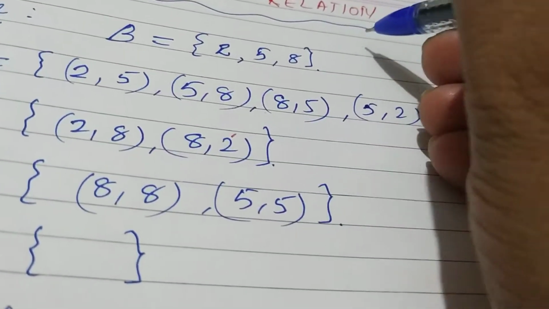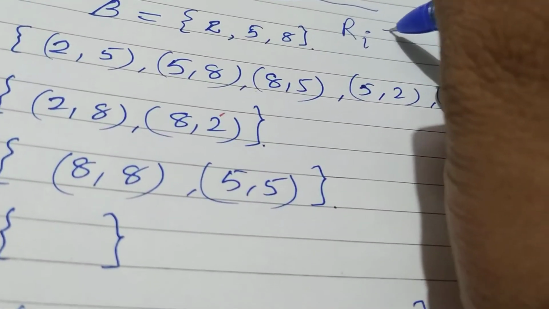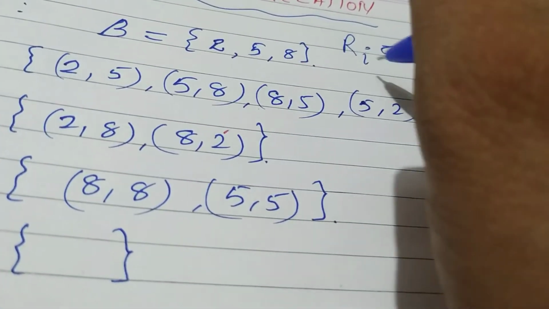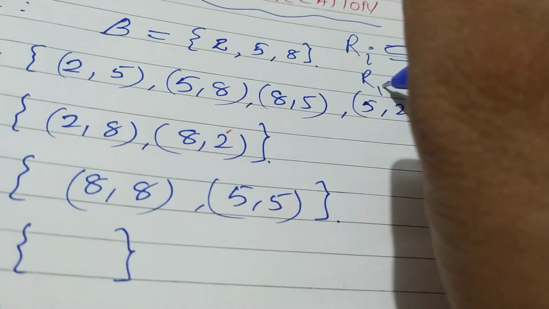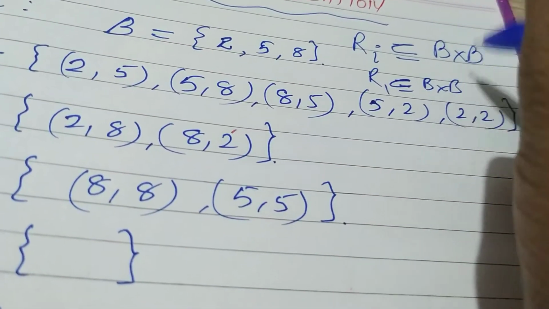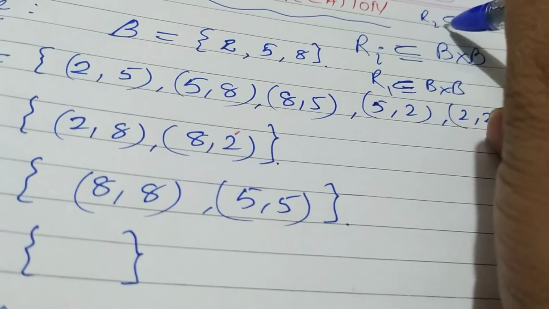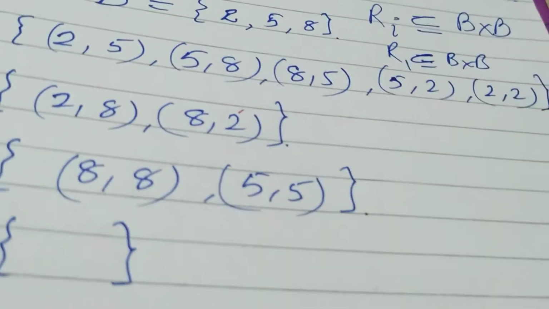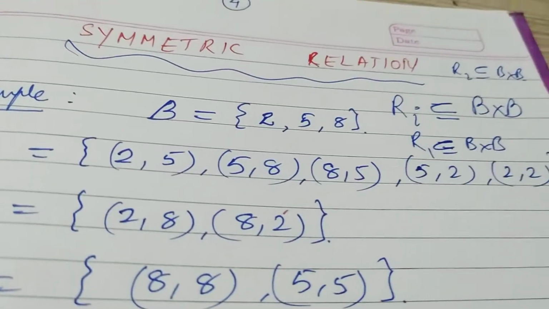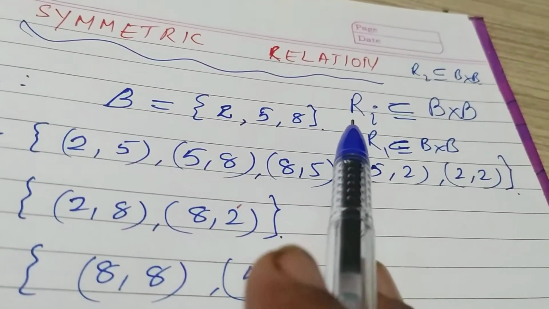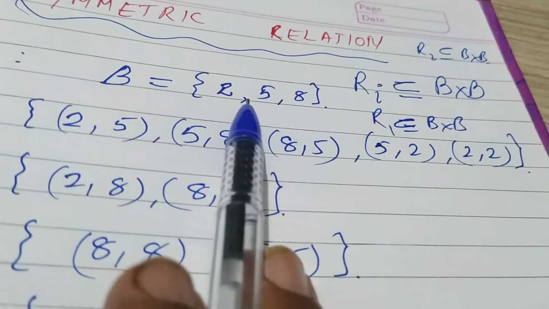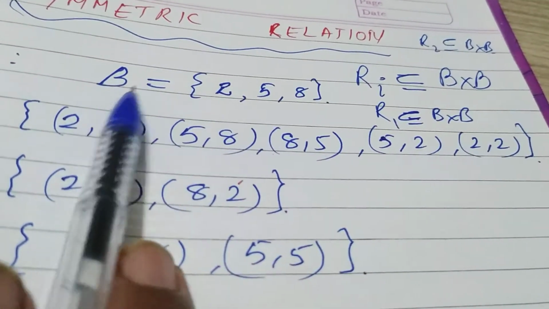It means that all these Ri's are subsets of B cross B. That means R1 is a subset of B cross B, R2 is a subset of B cross B. What is the maximum, I mean, what will be the largest relation defined on set B?